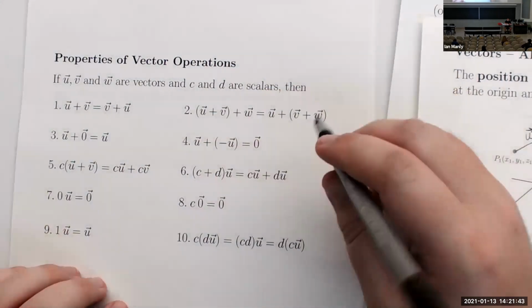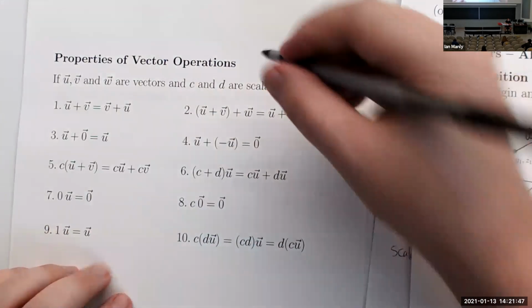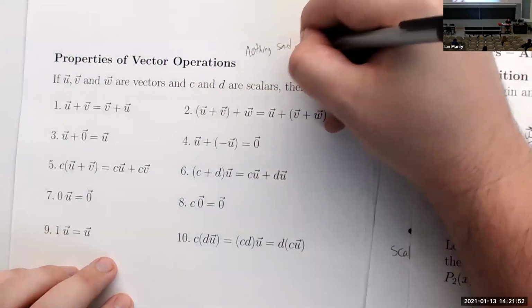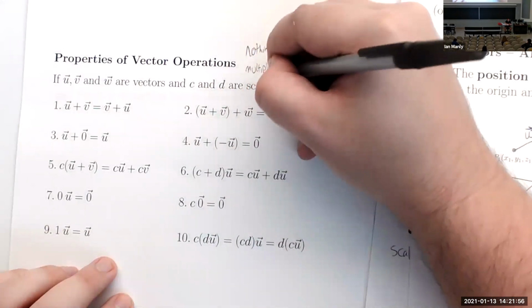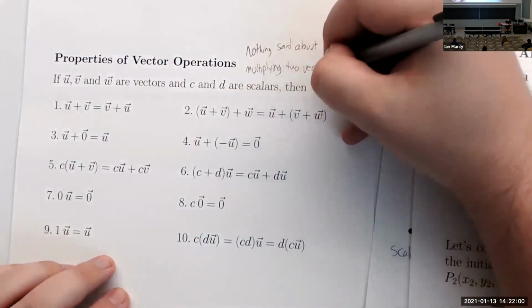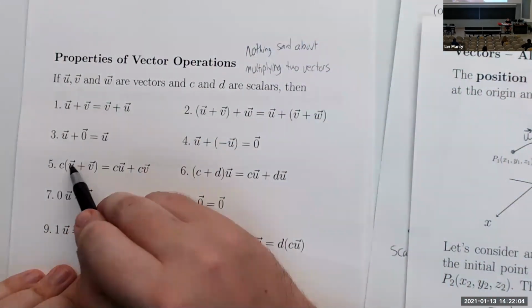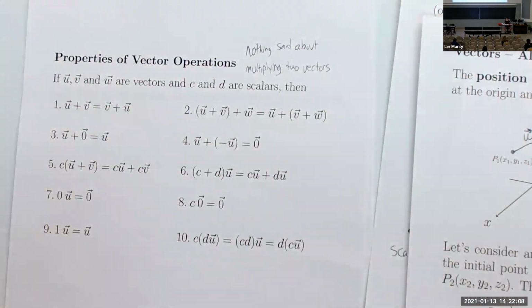Now, one thing you'll notice that isn't here is that there's nothing said about multiplying two vectors together. For example, we have a scalar times a vector right here, but it doesn't say anything about what if I want to do u times v?